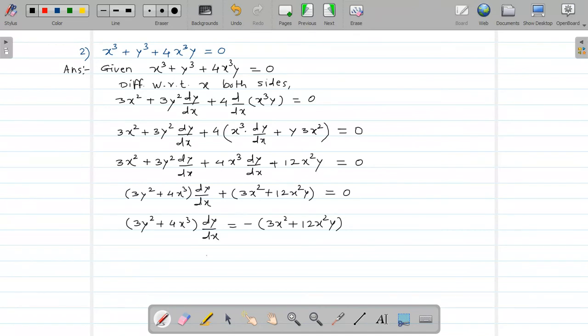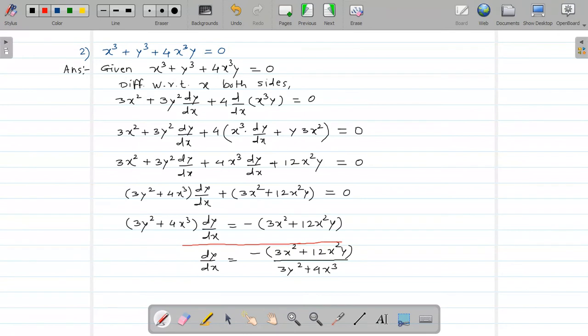Okay, and hence we finally get dy by dx as minus of 3x square plus 12x square y upon 3y square plus 4x cube. Now further simplification is not possible, so we can keep this as the final answer, that is dy by dx.